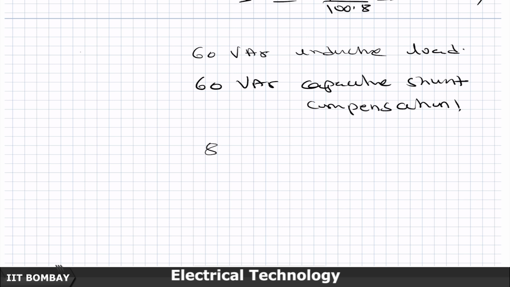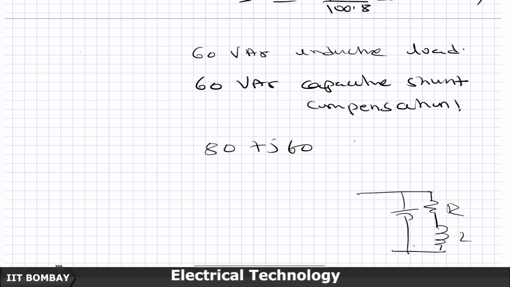Then my load was consuming 80 plus j60, this is my R L, and I put a 60 VAR capacitive compensation here. We can work out the capacitance values later on.